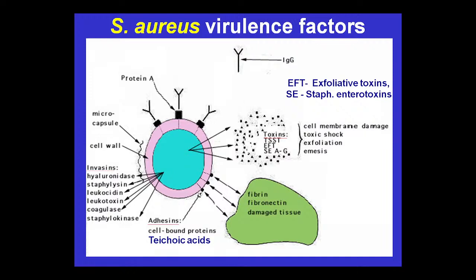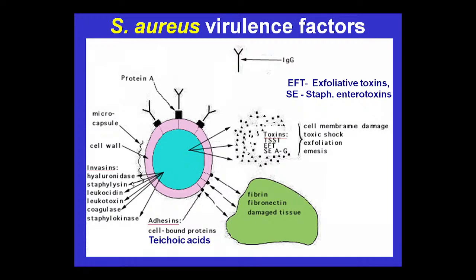Again, we mentioned adhesins that are cell-bound proteins. Also, the important adhesins are teichoic acids that, of course, are governed by the chromosome because they are a part of the cell wall. Then adhesins connected with binding with fibrin, fibronectin, and some of them may cause tissue damage.